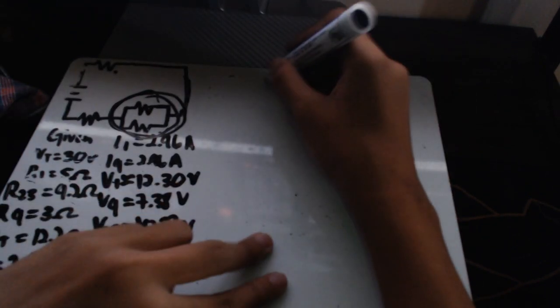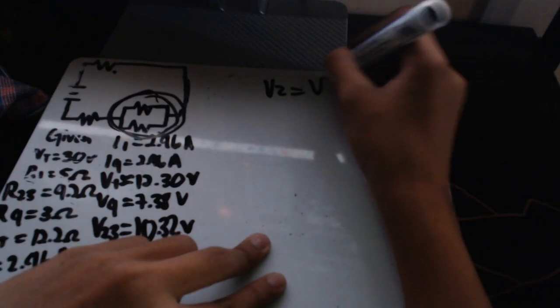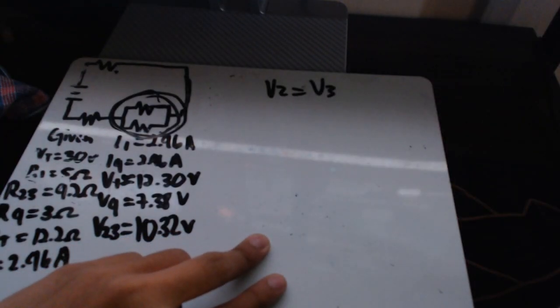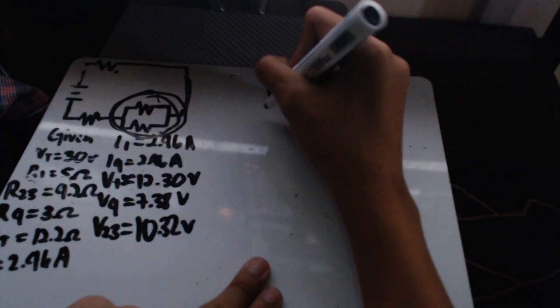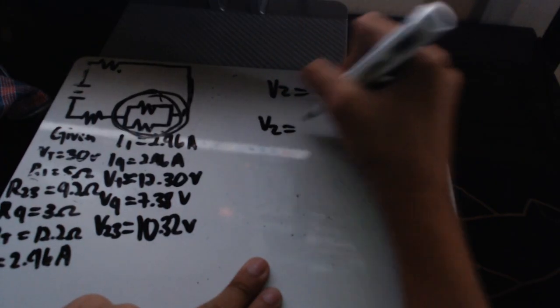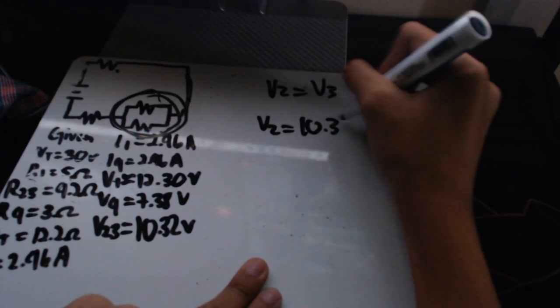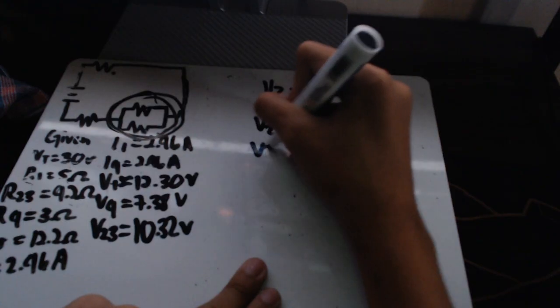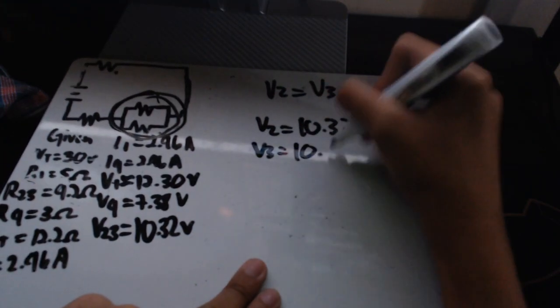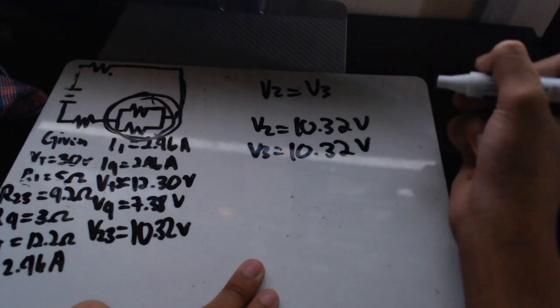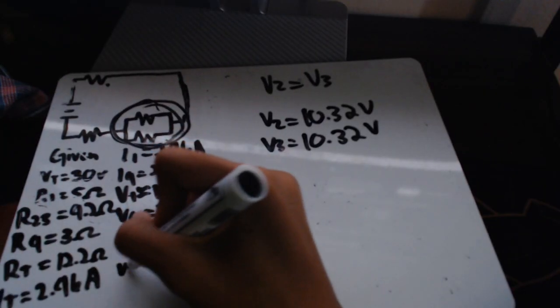So therefore V2 is equal to V3. V2 will also be 10.32 V, and V3 is 10.32 V. So we can write it down here.